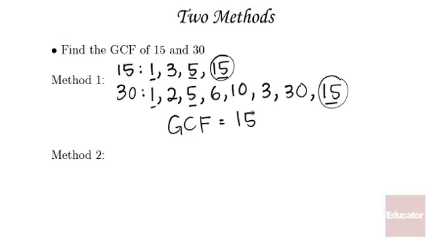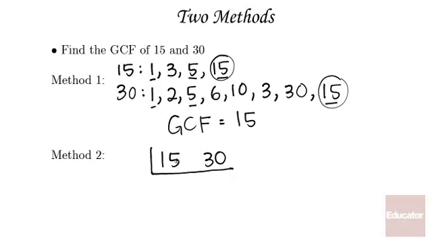Now, another method to solve this would be to list out the two numbers. So let's say 15 and 30 like this. I'm going to draw a little L shape around the two numbers. Then from here, I just want to find any common factor, except for 1, of course, any common factor between the two numbers.